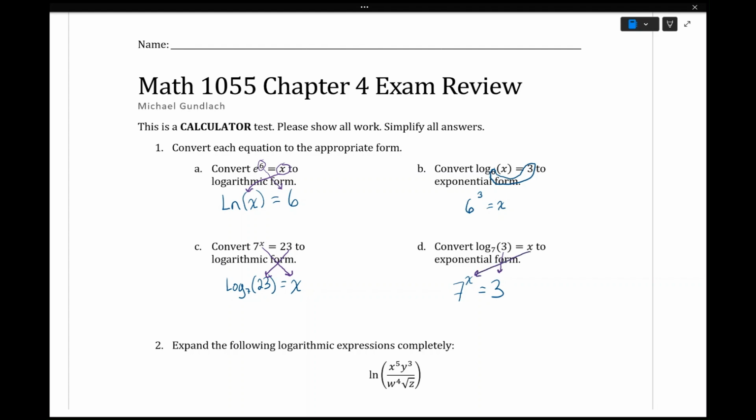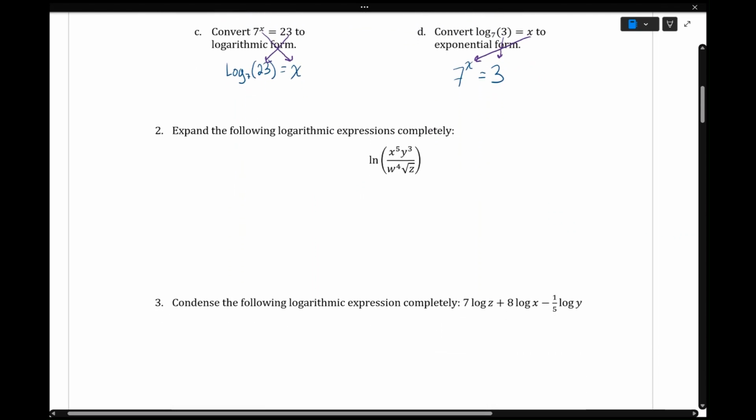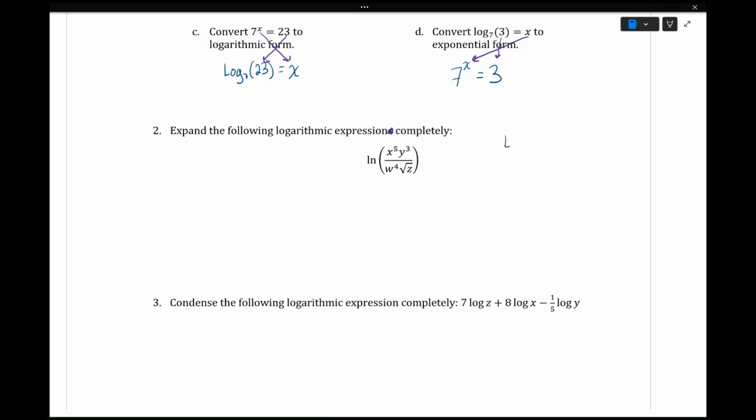All right, let's practice with some log properties next. We're going to expand this logarithmic expression. Now, remember, this comes from our log properties, that the log of a sum, or excuse me, the log of a product is a sum of logs.